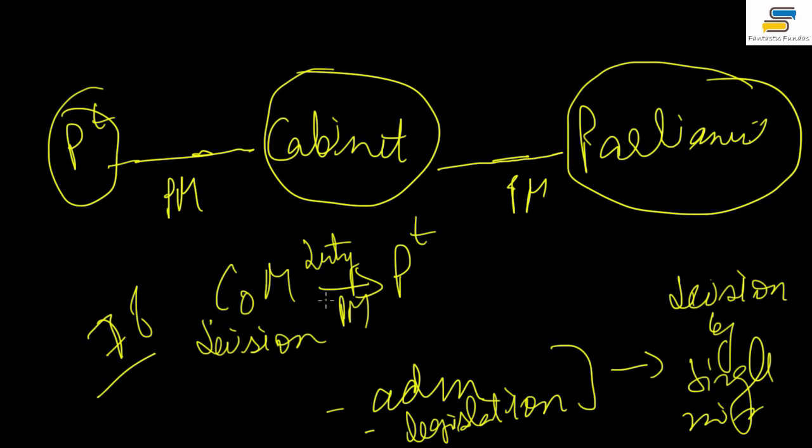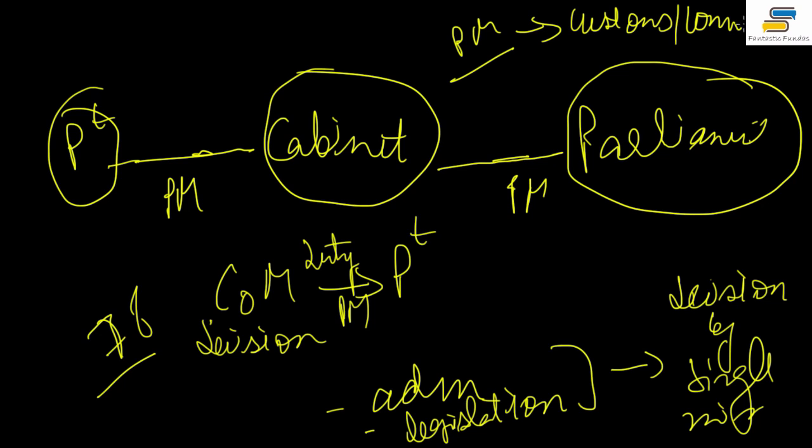Now there's just one or two more important things about the Prime Minister. See, though the Constitution gives unfettered powers to the President regarding the appointment of the Prime Minister, the reality is that, as I told you about the earlier topic, there are customs and there are conventions.